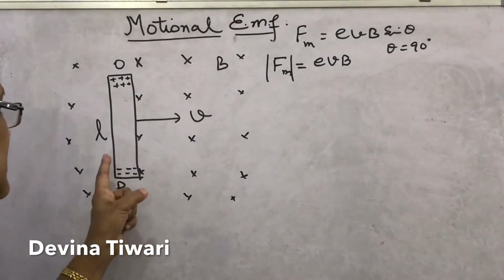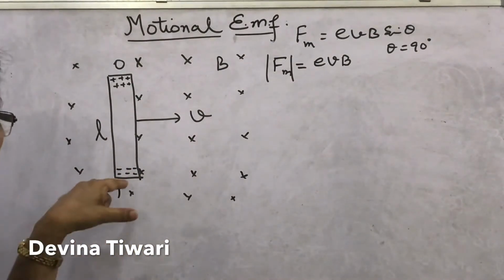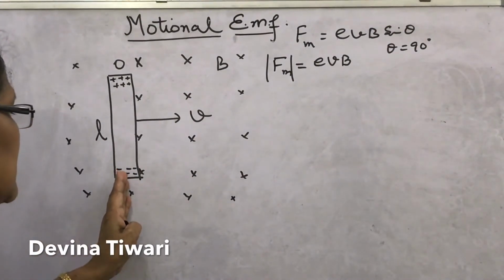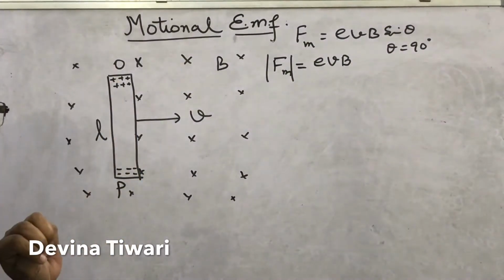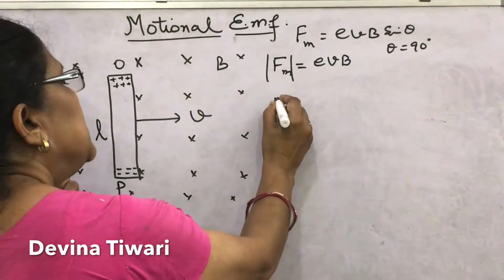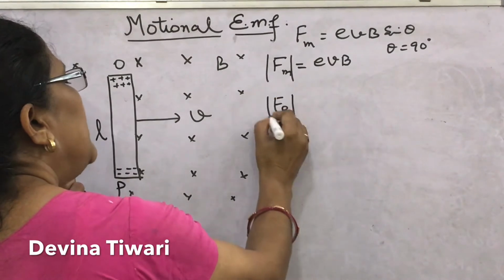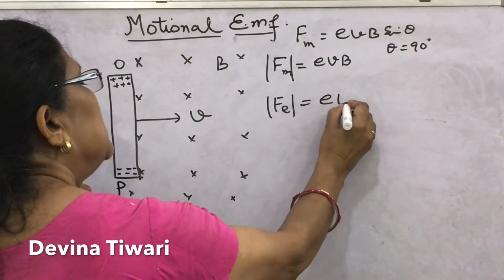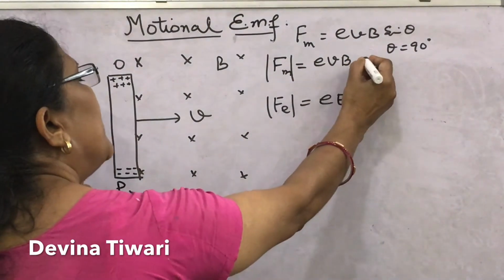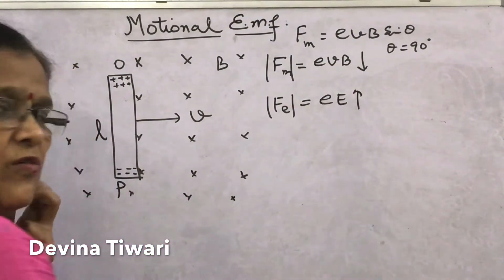So an electrical force acts on these electrons in the rod in the direction from P to Q. The electrical force Fe, which I am representing here, is eE, acting upward, and Fm is acting downward.